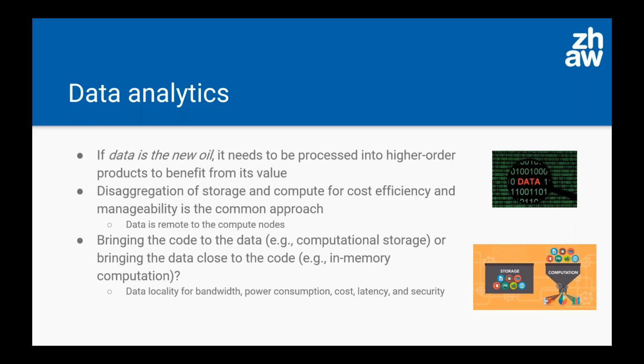What happens as a consequence of this disaggregation is that data in general is remote to the compute nodes, which means that if you have to compute, so extract some information from data that is stored somewhere, you have first to fetch the data, move it to the computation cluster, do the computation, do your analytics, and then maybe push back the data or the results to the storage cluster. This has influences, of course, on the latency.